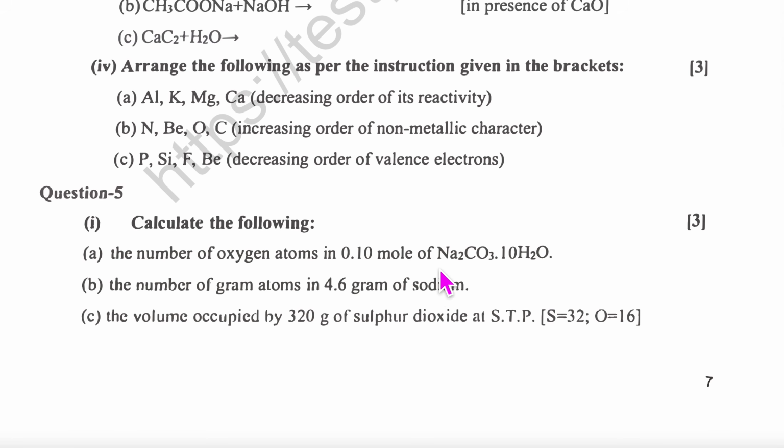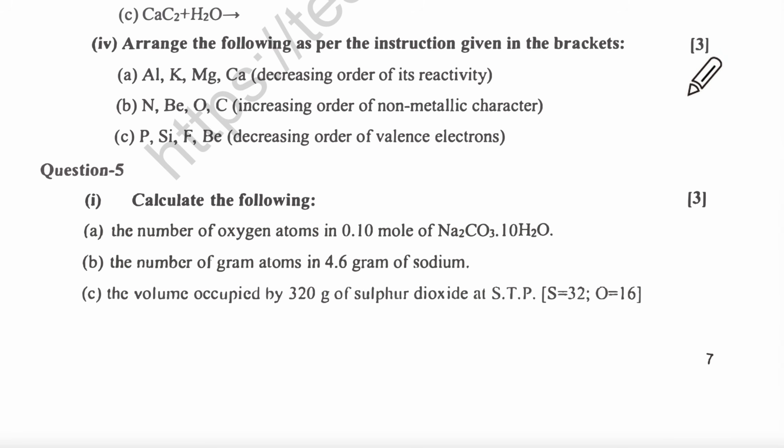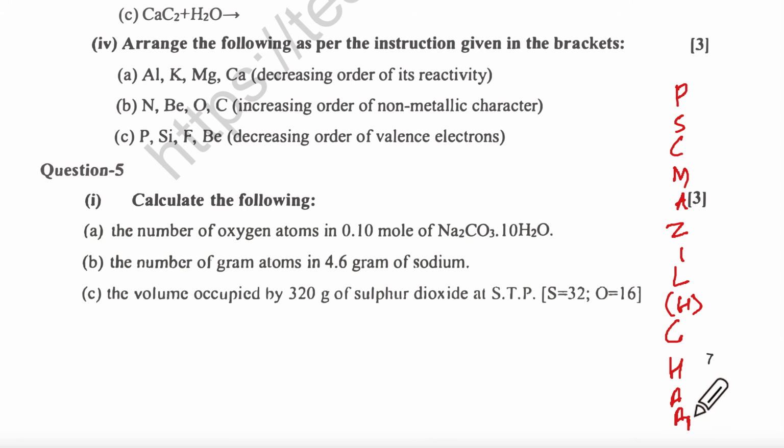Arrange in decreasing order of reactivity. You have to write this, everybody knows this by heart. So Al, K, Mg and Ca.